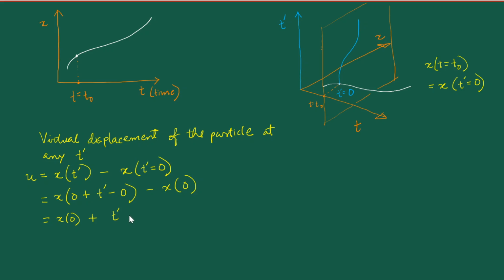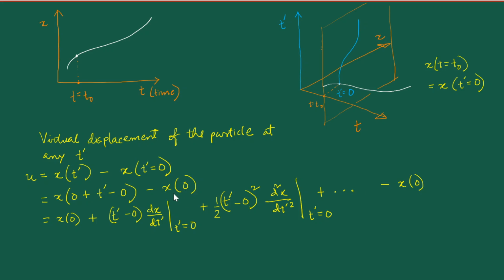I can write this as minus 0. Of course, all right, let me write that. So that divided by factorial 1, which is just 1, then dx/dt' evaluated at t' equal to 0, plus half (t' minus 0) squared, d²x/dt'² evaluated at t' equal to 0, plus higher order terms, and then minus x of 0, which was also present here in the previous step.